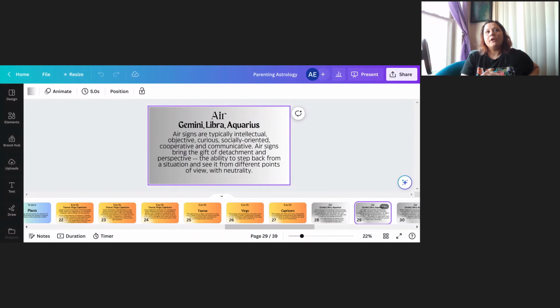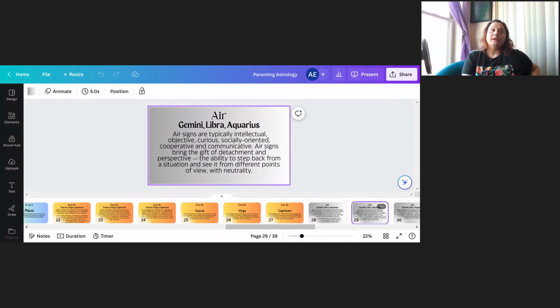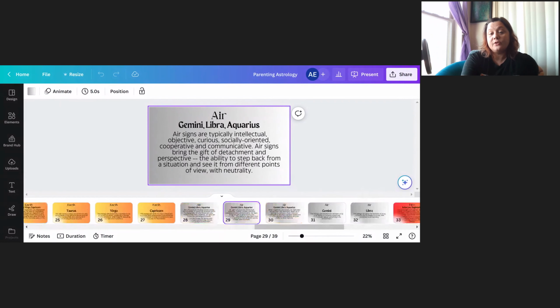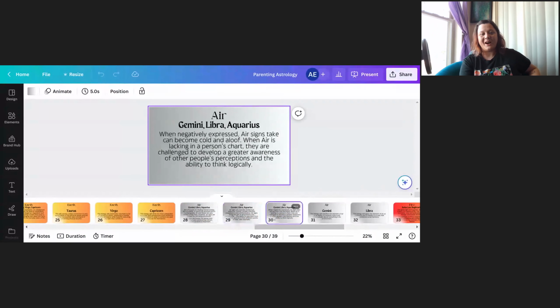And so if you're a parent who has strong air energy and your child doesn't, it's important to be mindful of that in expressing why you communicate the way you communicate. And too with relationships, if you're with somebody who has a lot of air energy and you take offense to the delayed response, you shouldn't, because it's just in their nature.